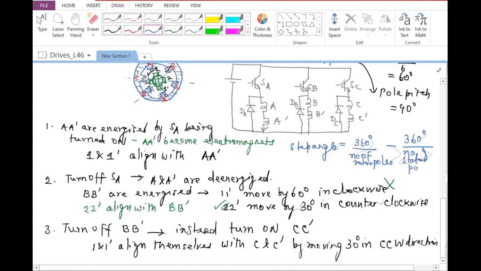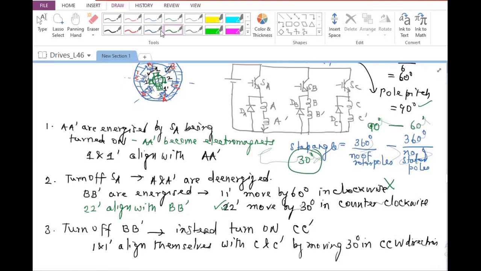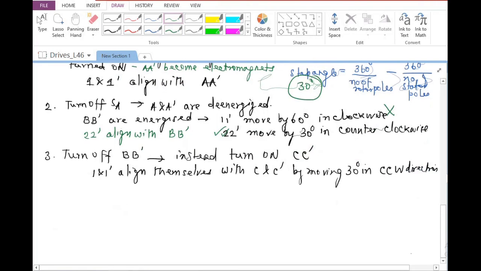So we already said this is 90 degrees. What we calculated as pole pitch for the rotor was 90 degrees. So 90 degrees minus 60 degrees. So the step angle in this particular case happens to be 30 degrees.